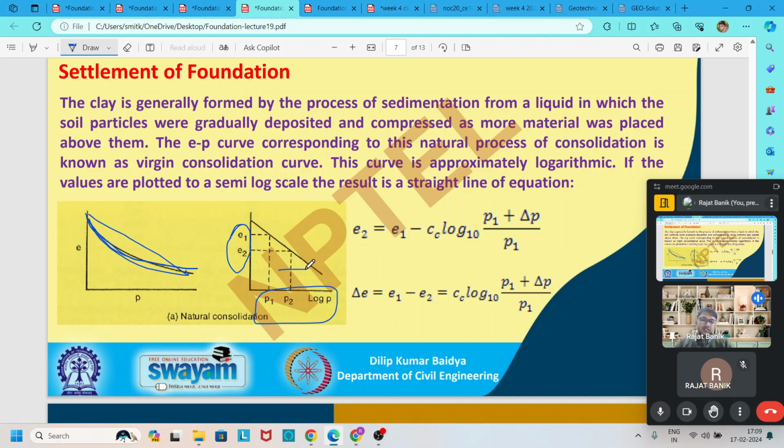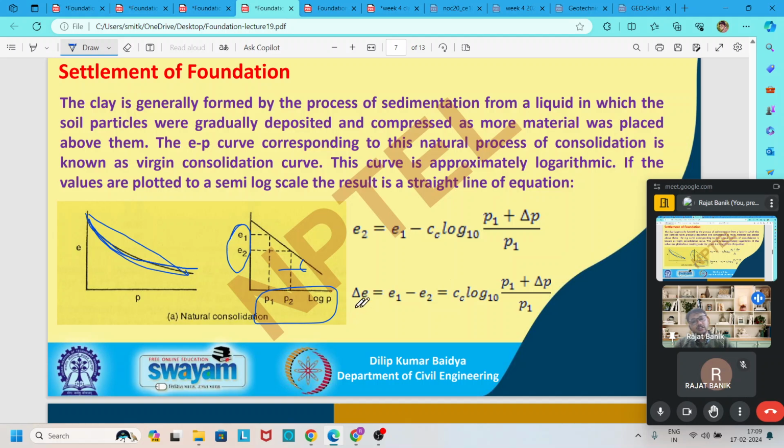And the slope of the straight line is called the compression index, that is Cc. By this, we get our change in void ratio very easily, because it becomes a straight line and it is very easy to calculate now.